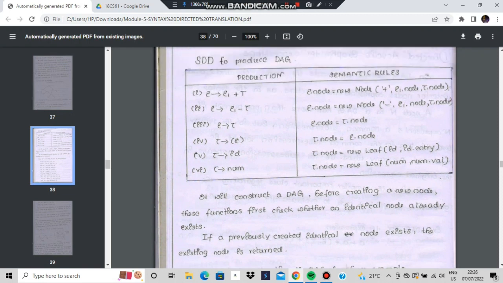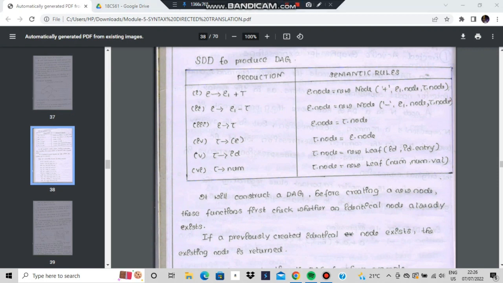So it's very simple. E is equal to e1 plus t. Wherever you have the LHS part, you just write node there, dot node, and here new node. If it's a new node, you write it; if it's the old node, you don't write anything. New node plus e1 node, t node. Plus is what you're doing between e1 and t1, so you'll write new node plus e and t.